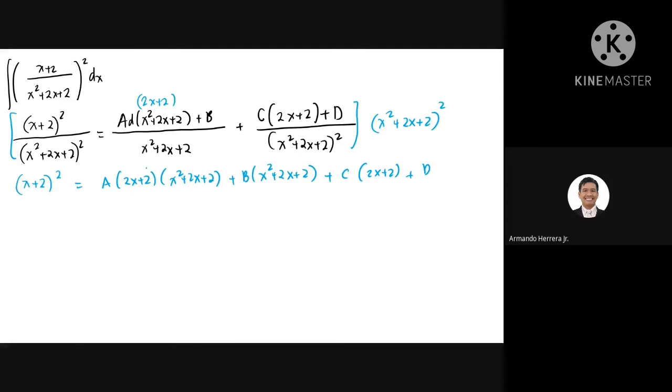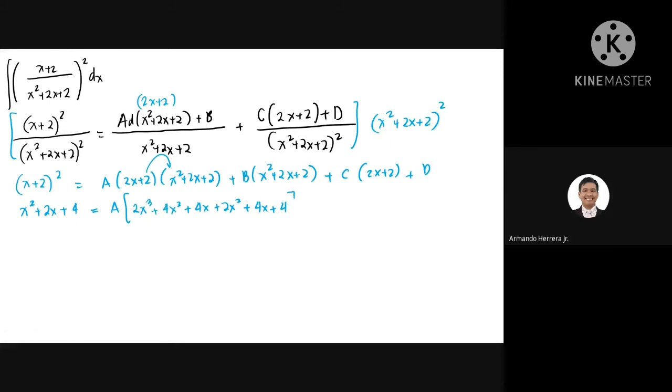If you expand this, x squared plus 4x plus 4 equals a quantity. This times that is 2x cubed. This times that is plus 4x squared. This times that is plus 4x. Then the second term times that is 2x squared plus 4x plus 4.